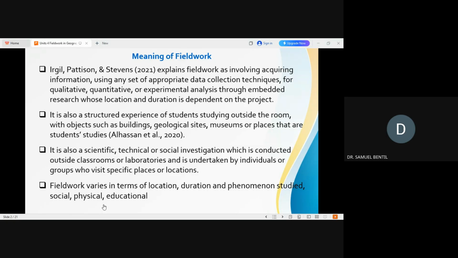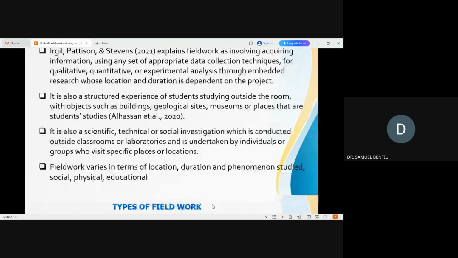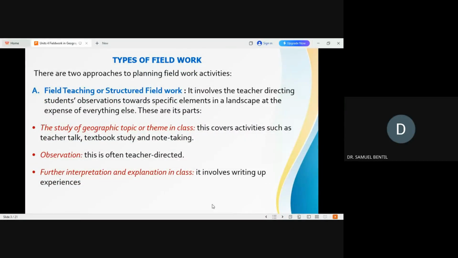Hence, we want to look at some of these fieldwork activities and appreciate what goes into it. There are two main approaches to fieldwork. We have the field teaching or structured fieldwork, and we have the unstructured fieldwork.